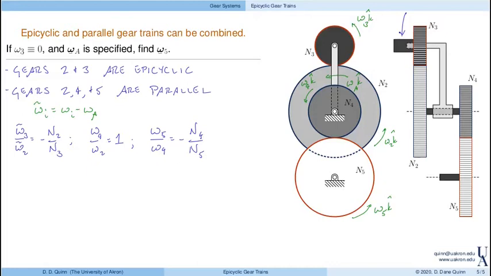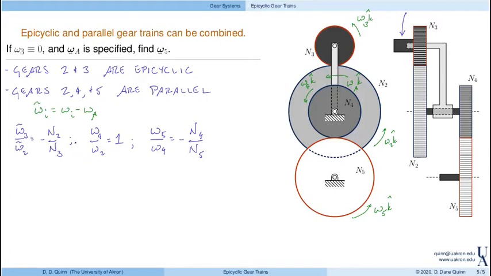Your hand is basically going to translate around, I mean, in a circular motion, right? But your hand is not going to rotate as you turn. Instead, that circular motion of your hand will produce the angular velocity of the arm, right? So here, again, this is a hand crank, right? We're going to spin the arm with omega 3 equal to 0, right? So gear 3 is going to just translate around. That's going to drive 2, which will drive 4, which will then drive 5.